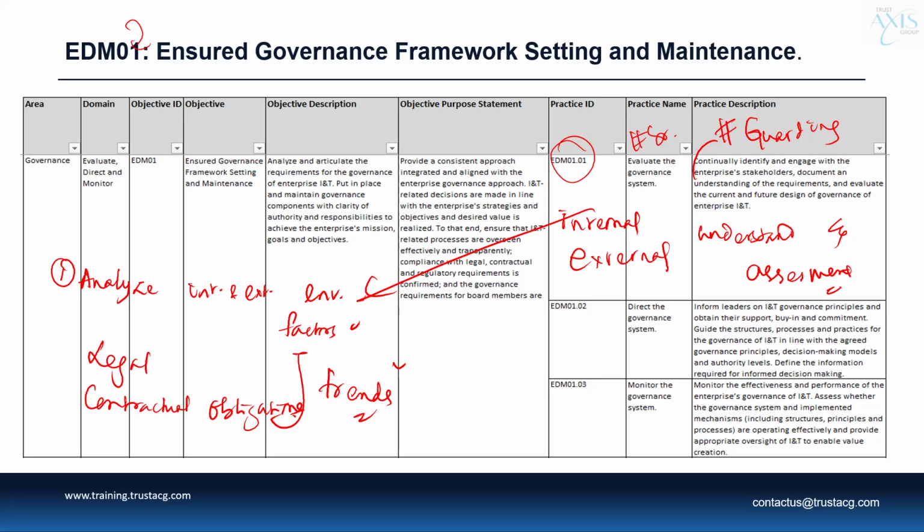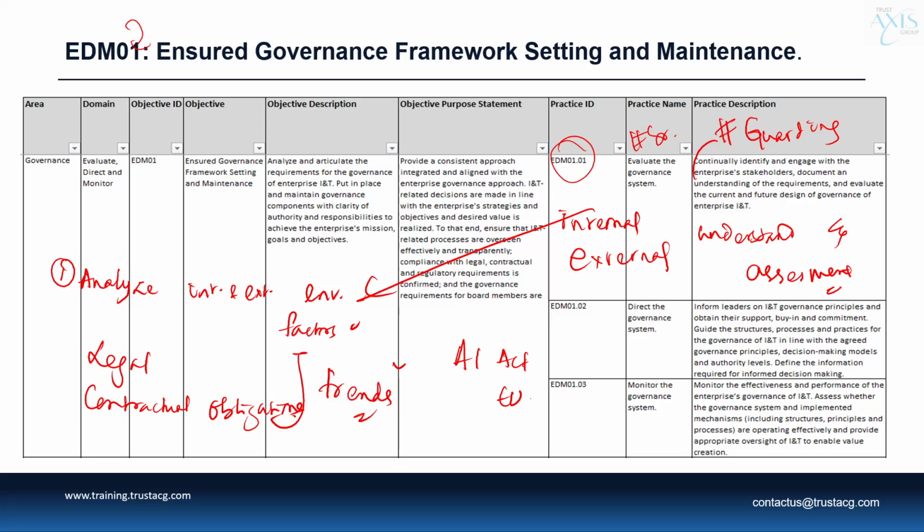Like, say, for an example, this new AI Act that has been published within the European Union, or new data privacy regulatory requirements, or regulatory requirements on emerging technologies like generative AI or responsible AI might require you to make adjustments or amendments in your governance models that you have curated.